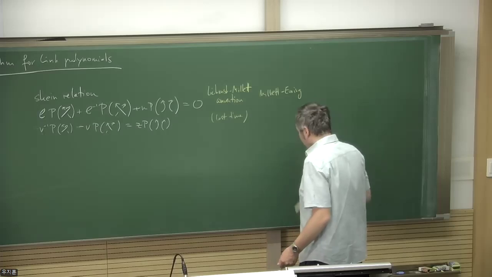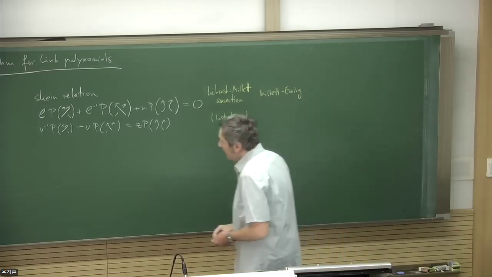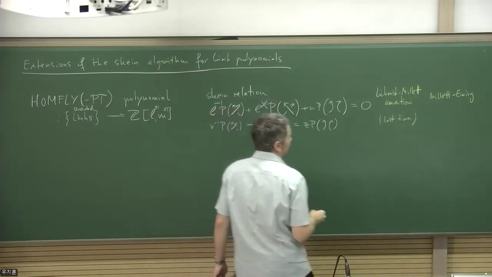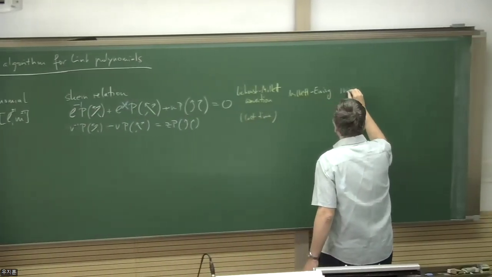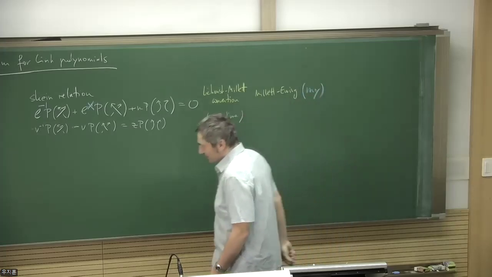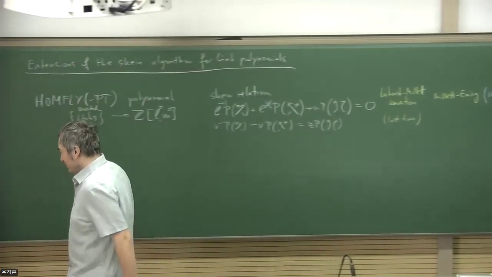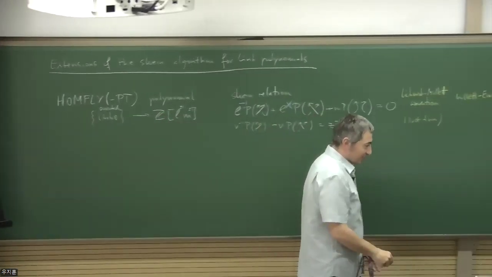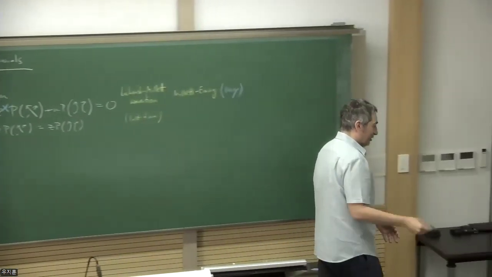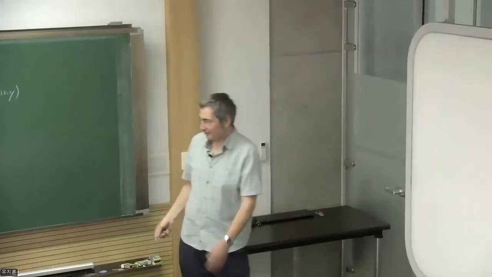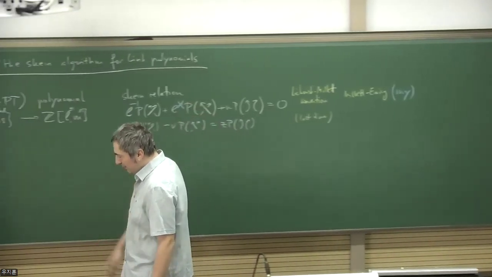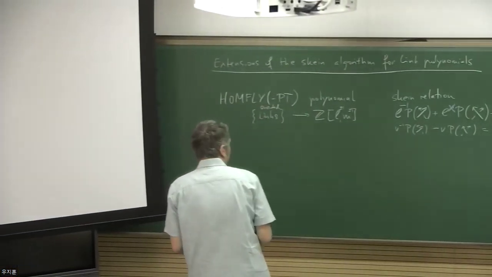This is the Millett-Ewing implementation, and in my version I'm exchanging L and L inverse. It is just for the sake of my personal taste, because when I have the right-hand trefoil, I want the powers of L to be positive and not negative. But it doesn't matter too much. Anyway, so you have these conventions.